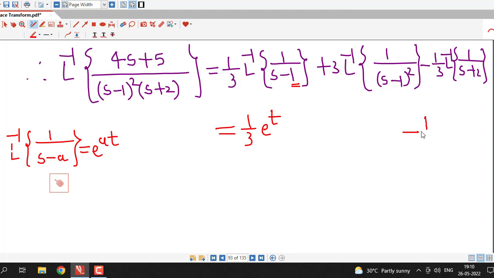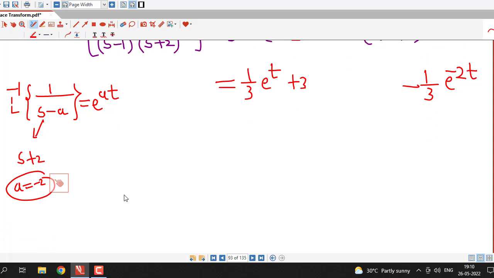Similarly, last we have L inverse of 1 divided by s plus 2. If we compare s plus 2 and s minus a, the value of a is minus 2. So L inverse of 1 over s plus 2 is e raised to minus 2t. And for this one, we have to use the formula for L inverse of 1 divided by s minus a raised to n.